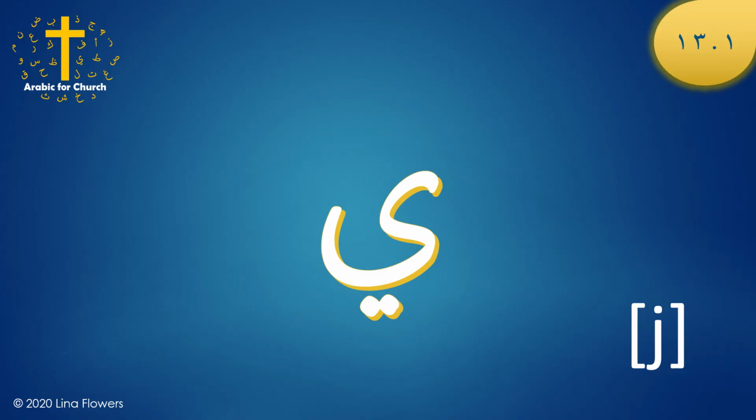And the last letter of the alphabet is the letter Ya. This is what it looks like. The first part of Ya looks a little bit like a hamza, a big hamza, that carries on up to finish the shape, briefly touching the red line.